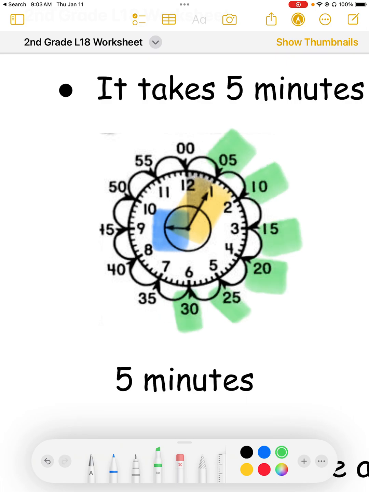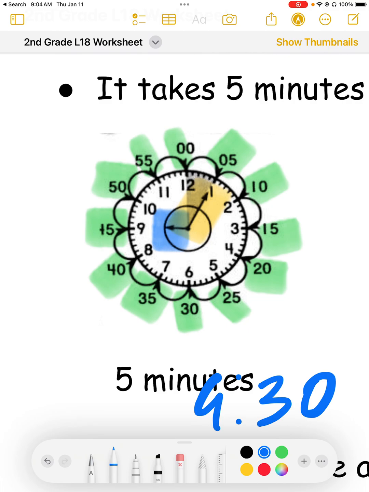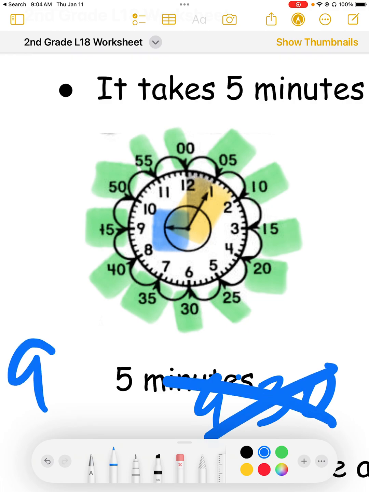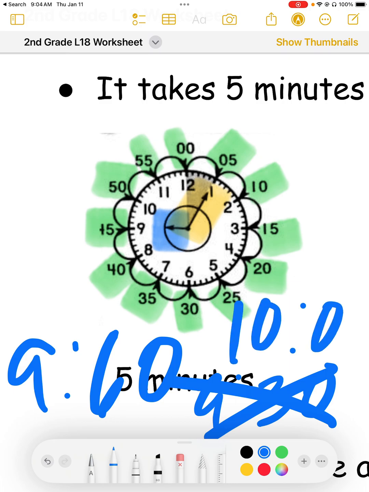You can write it down every time on the side if it helps you, but it's better to just count in your head like 5, 10, 15, 20, and all the way to 60. But we wouldn't write it like this. We'll just write that it's 10 o'clock and not 9:60, because 60 minutes equals an hour, so we will just change that to 10.